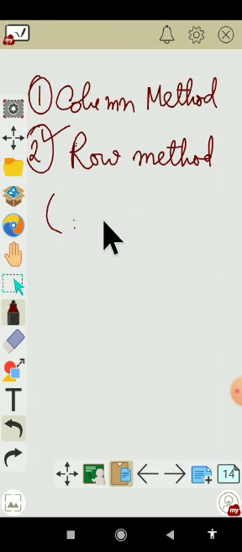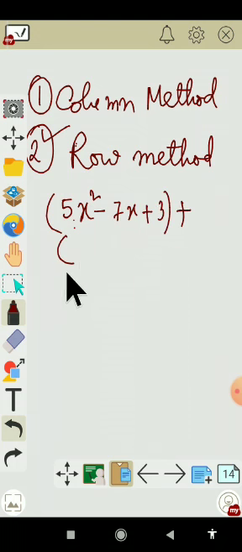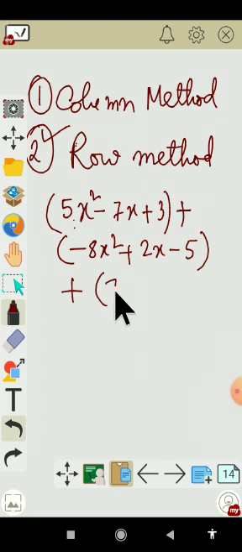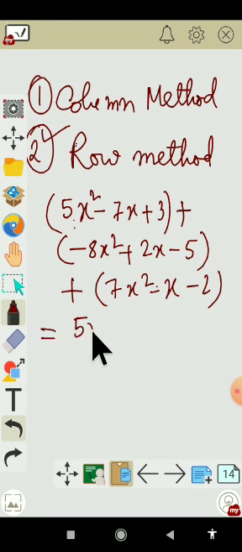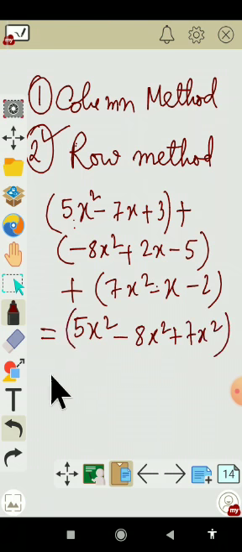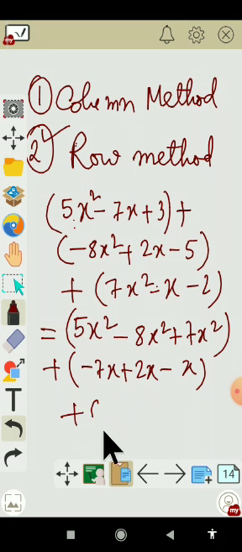How will you write in a row? You have to write all the algebraic expressions in brackets first. In the next line we will collect all the like terms together: 5x square, minus 8x square, 7x square, then minus 7x plus 2x minus x, and 3 minus 5 minus 2.